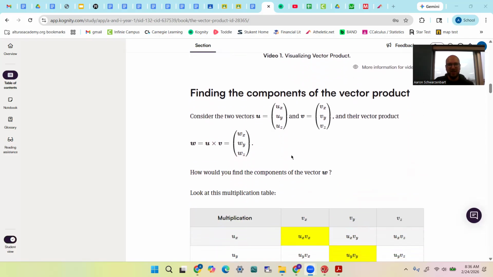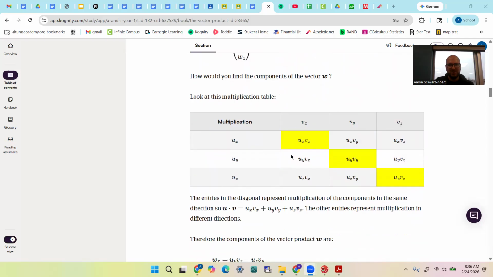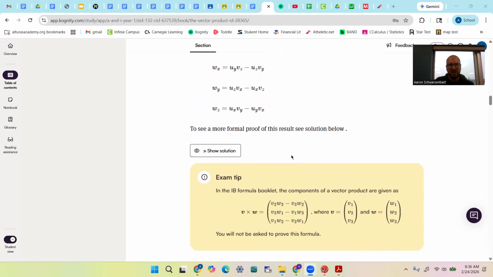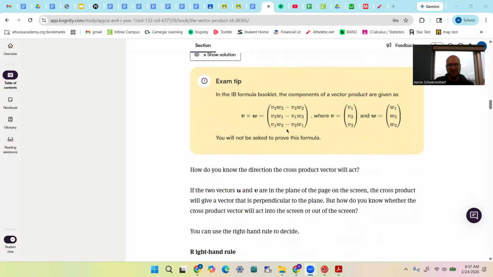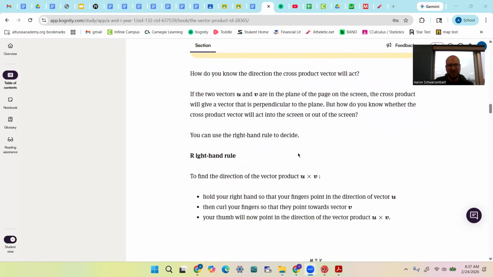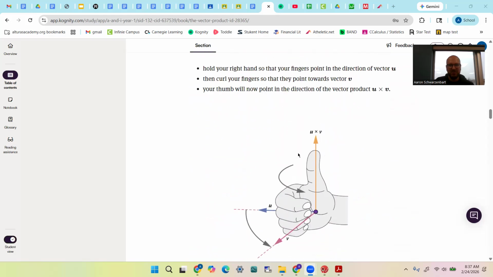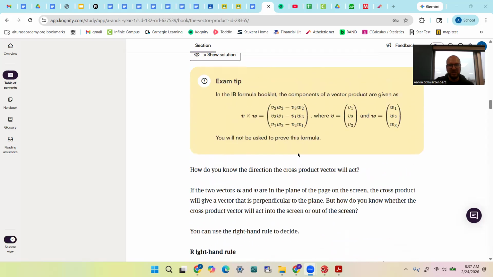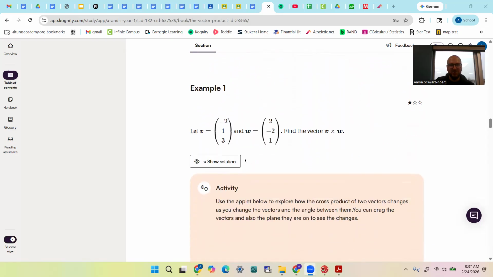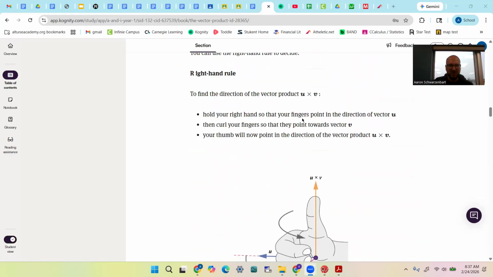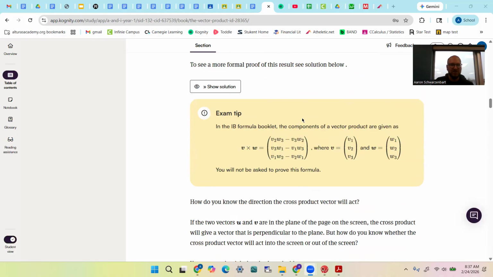So finding a cross product. We get this formula. You have that in your formula book. That's what we developed. We use the right-hand rule to tell us the direction. But when I'm finding this, I'm just gonna look at my formula. So I'm gonna write my formula on the side so it's easy to see.